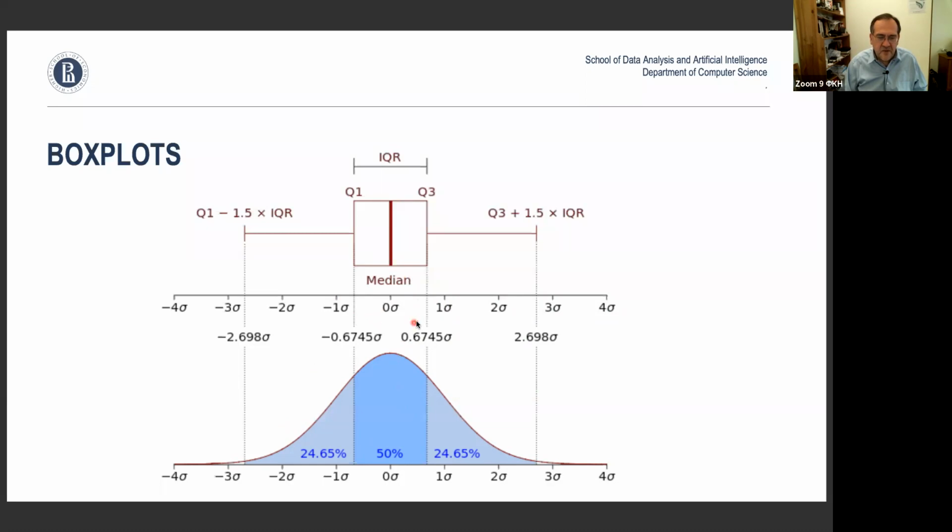This is 50%, but that's sort of what it looks like. Now, does this make sense? For those of you who have never seen these box plots before, does this make sense? Okay. Let me know if it doesn't.